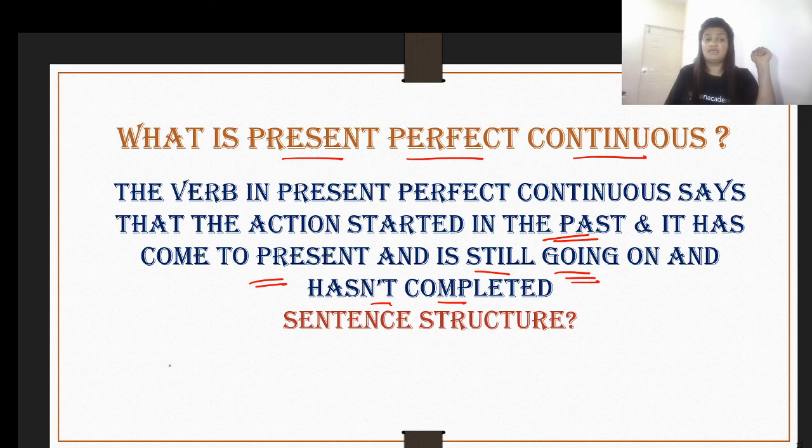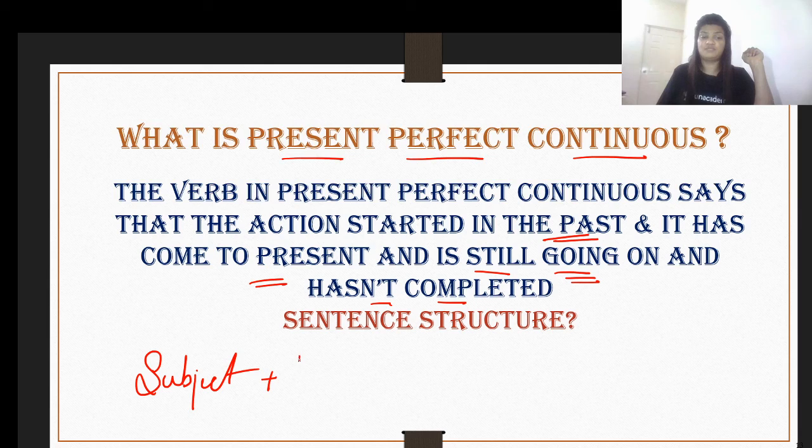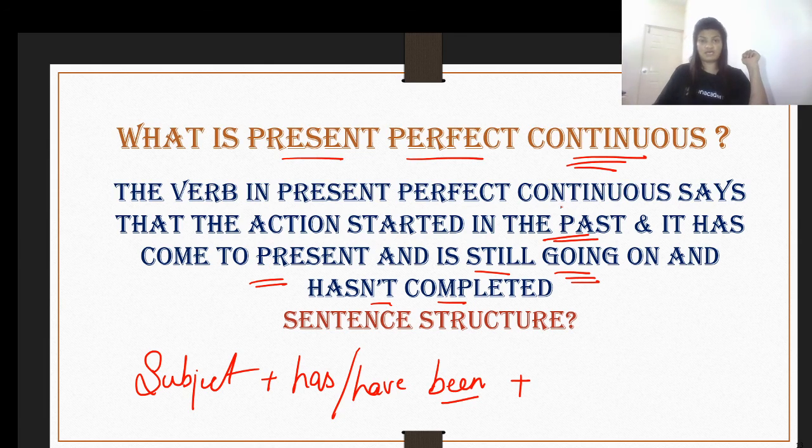So what is the sentence structure of this thing? We obviously will begin with subject. Soon after the subject, we will either take has or have, and we will introduce a be verb there, which is been, and then, to show the continuity of the action, we will use the ing main verb.